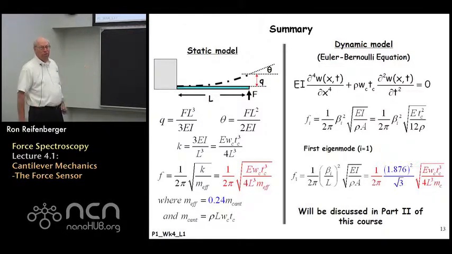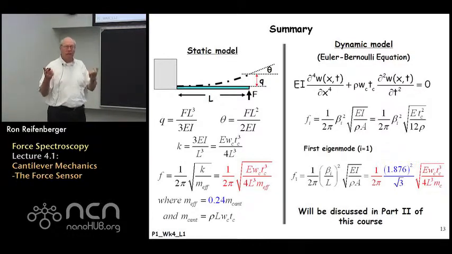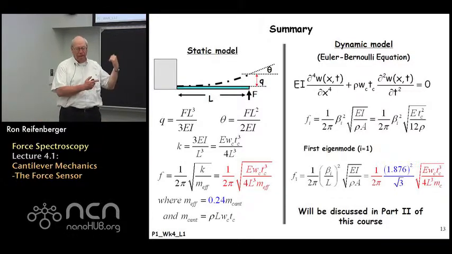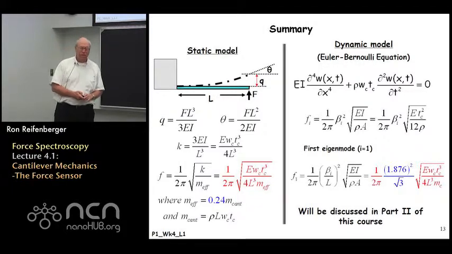That story will be discussed in part 2 of the course, but basically you have to go to a dynamic model of the cantilever beam. You have to solve the Euler-Bernoulli equation. It's a differential equation. And a natural outcome of the solution of that is that you get this factor of 0.24 that can be associated with the mass of the cantilever. So stay tuned if you're taking part 2 of the course. That'll be discussed in a little bit more detail.